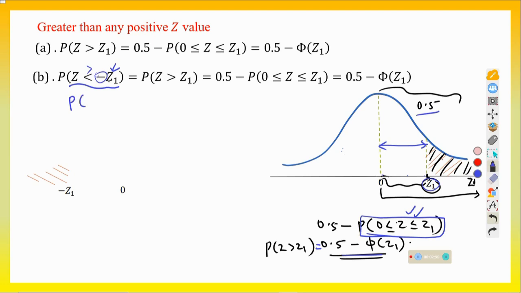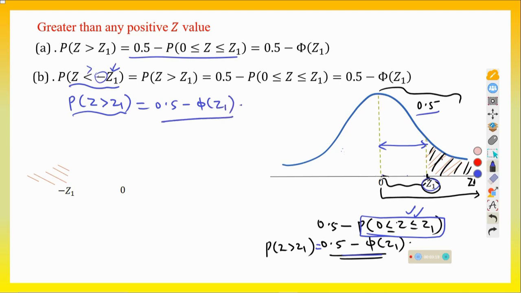So this one here will be the same as Z greater than Z1. So instead of dealing with negative Z1, we shall be dealing with this expression. So P of Z less than negative Z1 is the same as P of Z greater than Z1. And as we have manipulated, P of Z greater than Z1 is 0.5 minus the table reading of Z1.